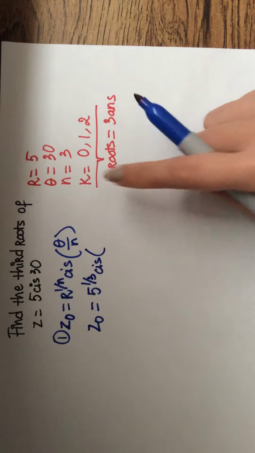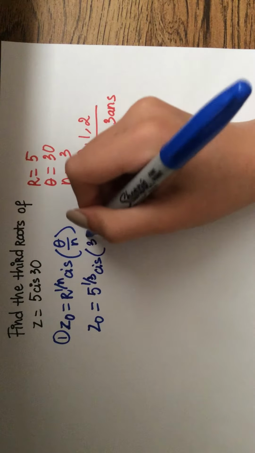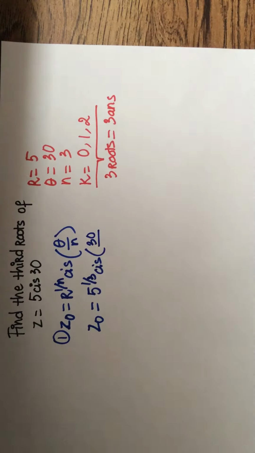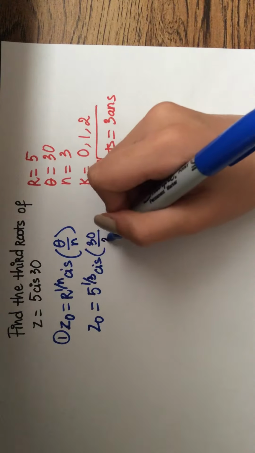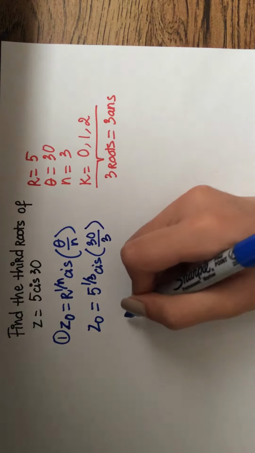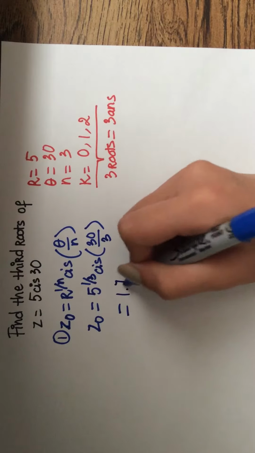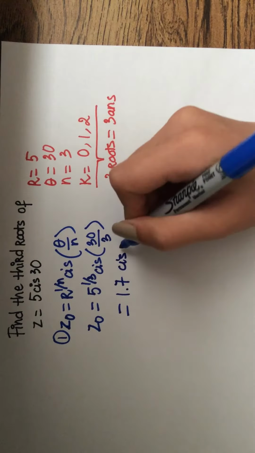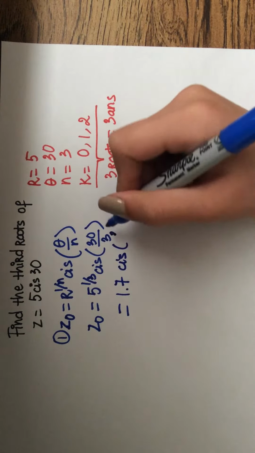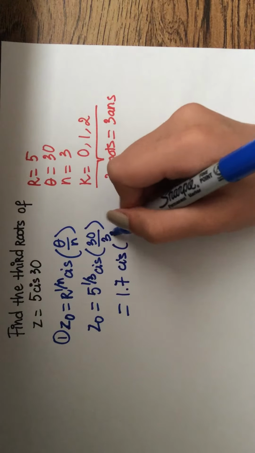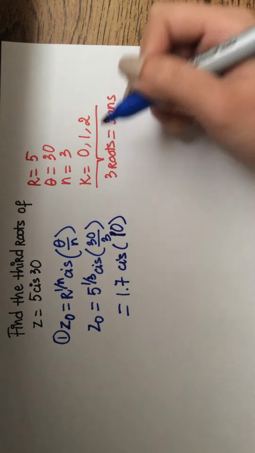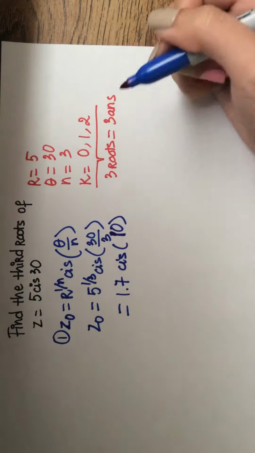Your theta is indeed 30, and your n is equal to 3. So if you plug it into your calculator, it will give you 1.7 cis 10, since it's 30 over 3, so it's going to be 10.